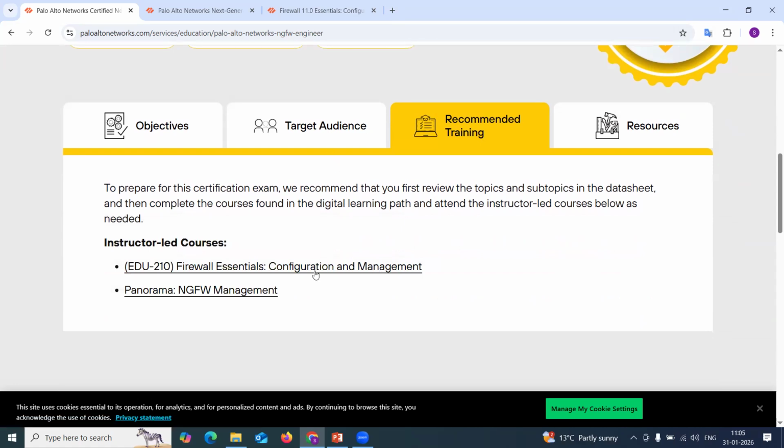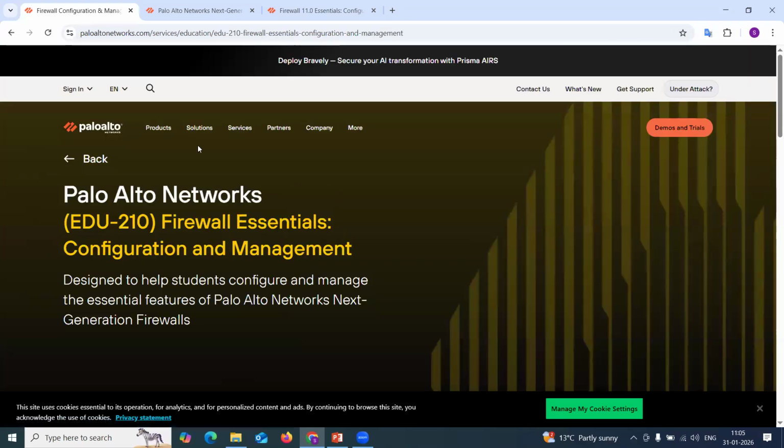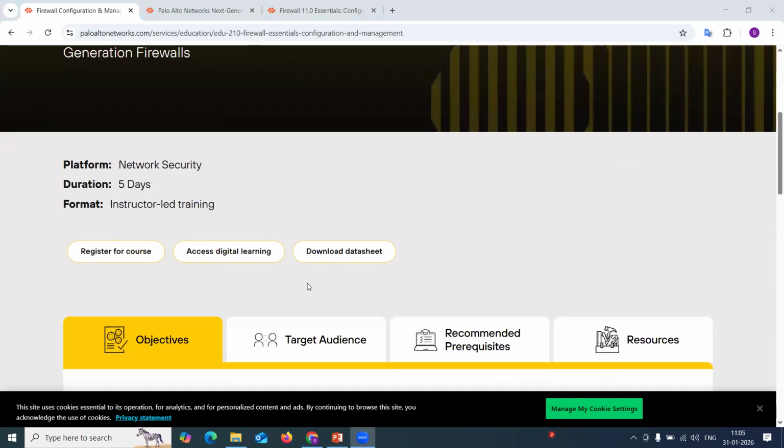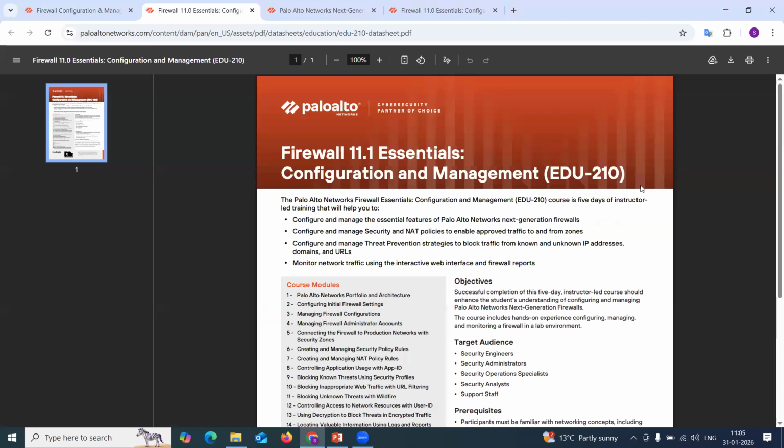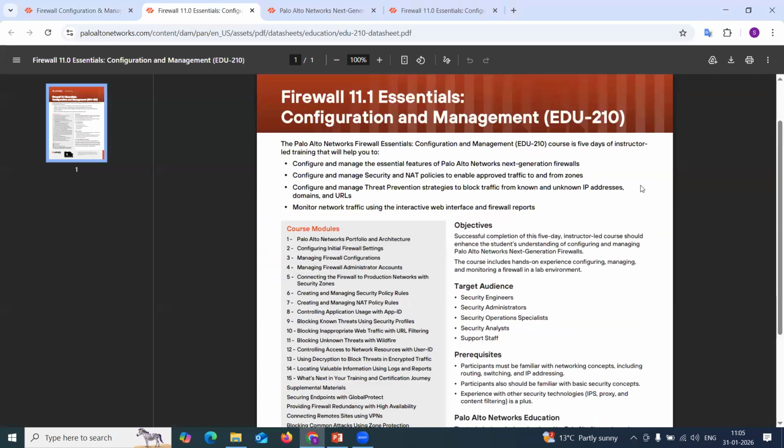If I click on this, wait guys, is this a prerequisite certification over here? Now, if I click on this data set here, it does not show me any prerequisites.